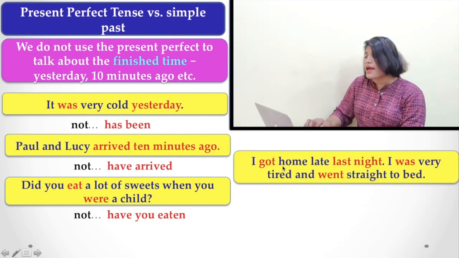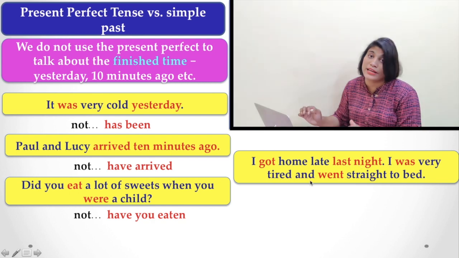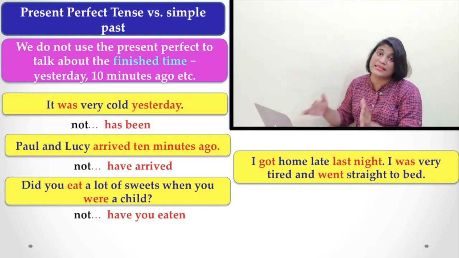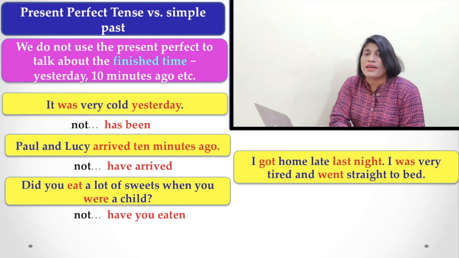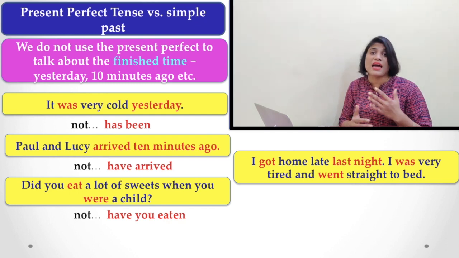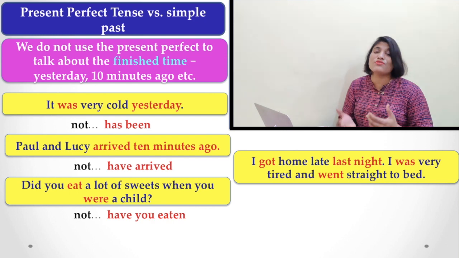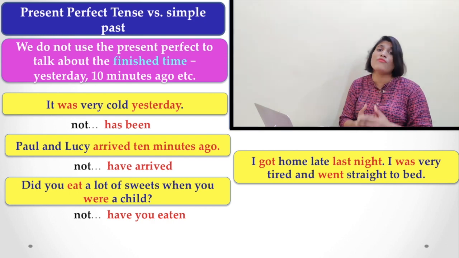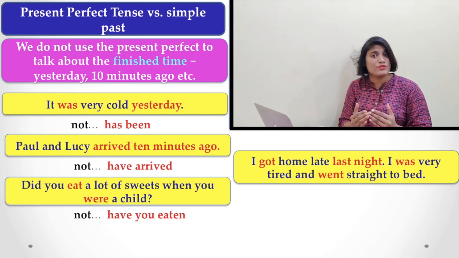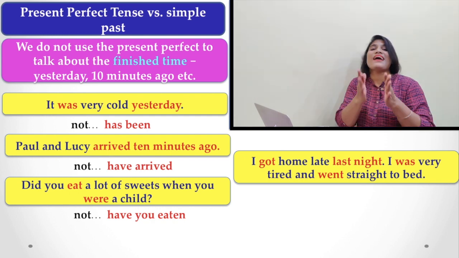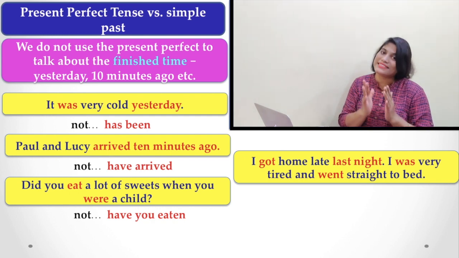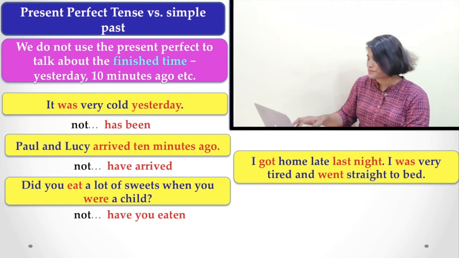Similarly, "I got home late last night. I was very tired and went straight to bed." In these examples also, I am talking about finished time, so we have to use simple past tense instead of present perfect.